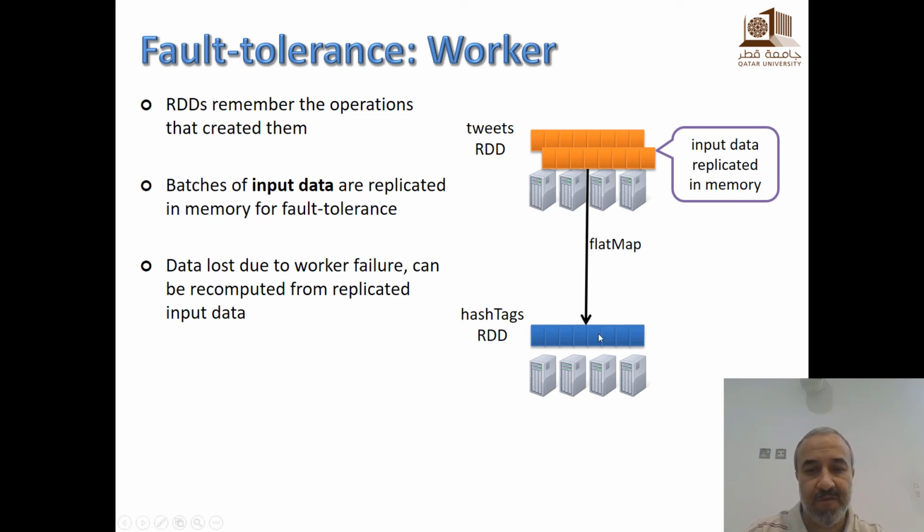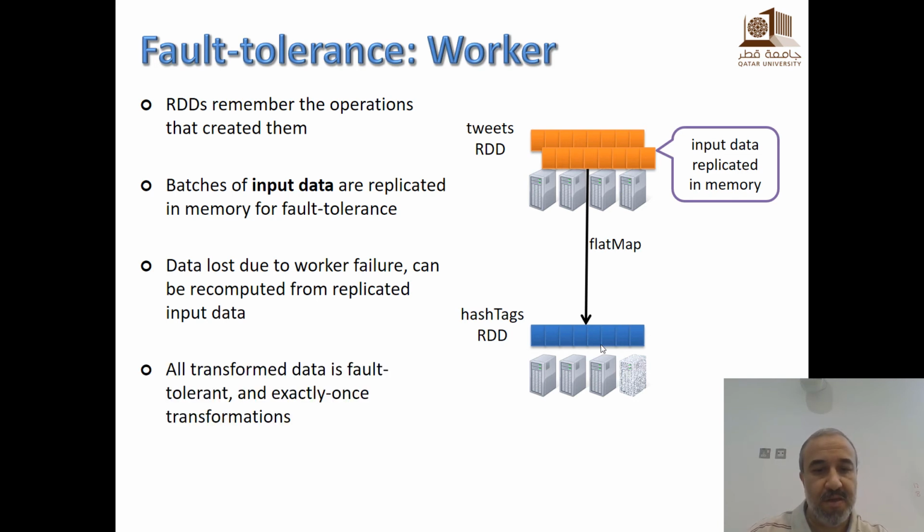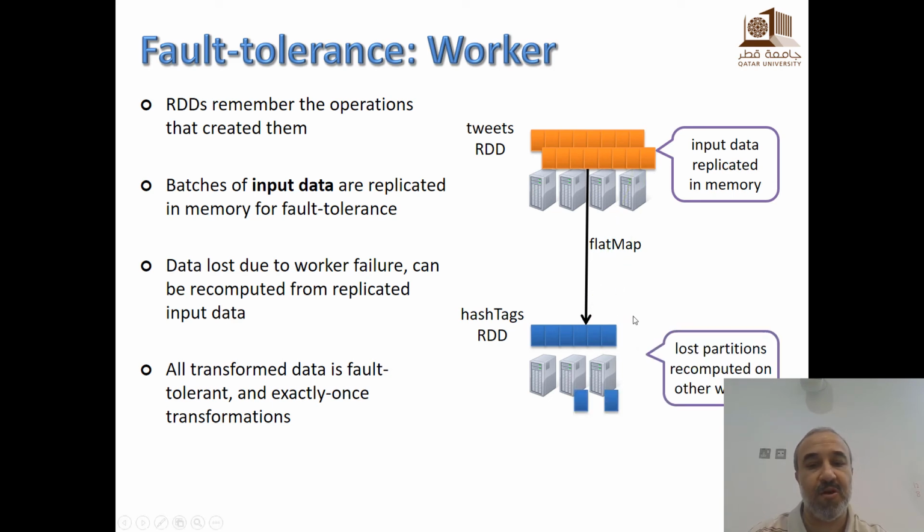Now, if we lost some part of the data after being processed at any worker, then we can also run the process on other nodes than the nodes that failed and get what we lost. Okay, and that's of course using the lineage graph and using the checkpointing.